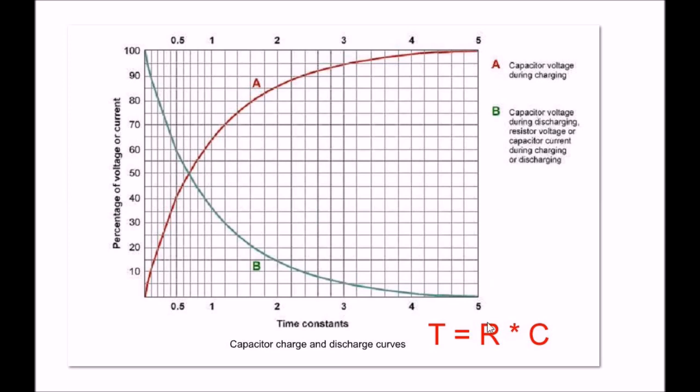So it isn't as simple as R times C. To be fully charged, that is, go from 0 to VCC, is going to take 5 times T, or 5 times R times C. And the more T's you have, the slower the charge rate.